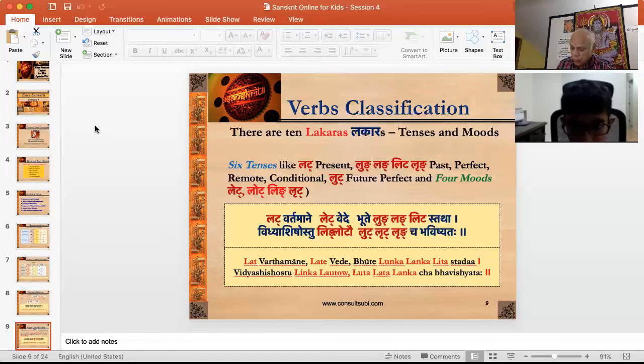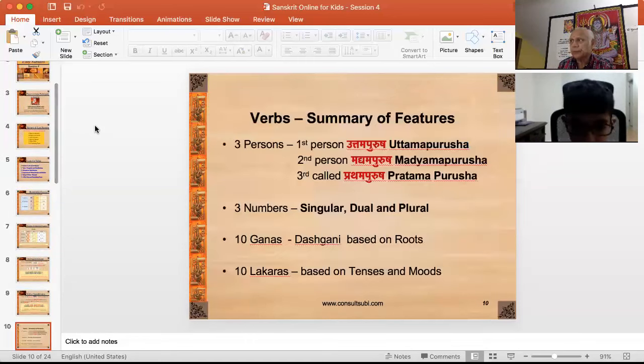Okay, now let's go to the summary of this. What are the summary features of Sanskrit verbs? You have 3 persons. First person is called Uttama Purusha. First person, I. I is probably the best one, therefore you call Uttama Purusha.